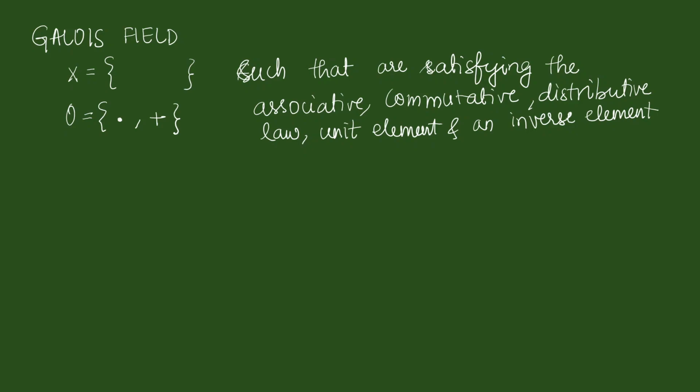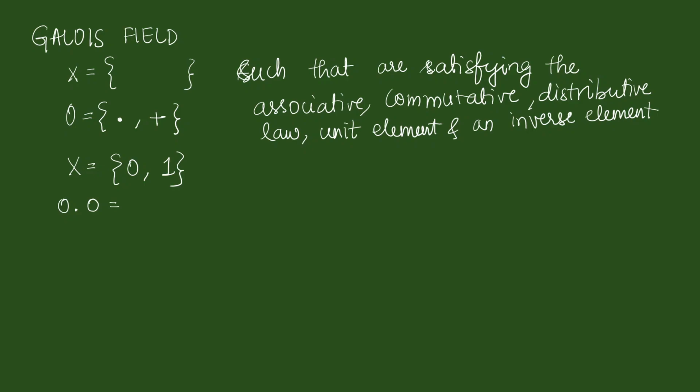Let me consider a very simple example over here. For a Galois field, let me consider a set consisting of just 0 and 1. If we consider multiplication and addition done on only these two elements, it is 0 into 0.